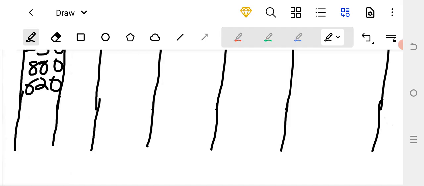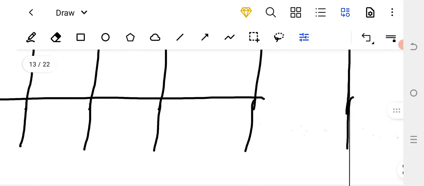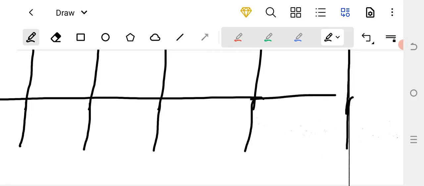Then when we reach the 620 mark, we can draw a line going straight like that. This line continues until it reaches there.